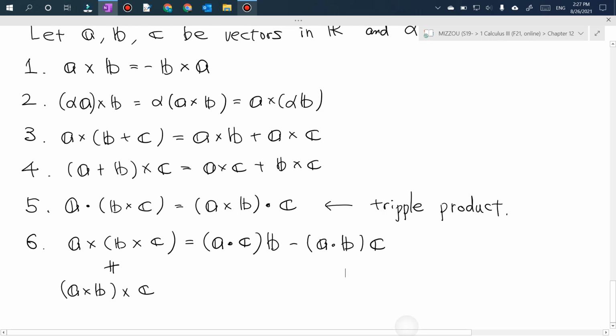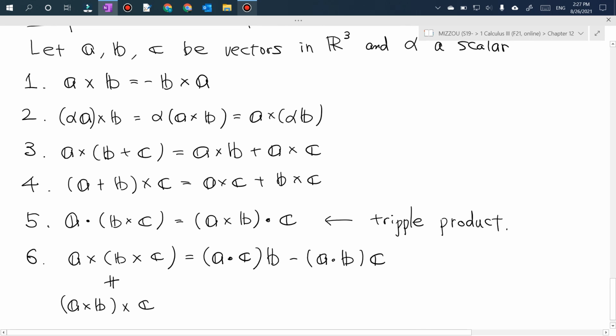And the verification is your exercise. So it's a good exercise for you to verify it. You can just pick up some vectors A, B, C. You just randomly write down A, B, C, and just verify, for example, this.